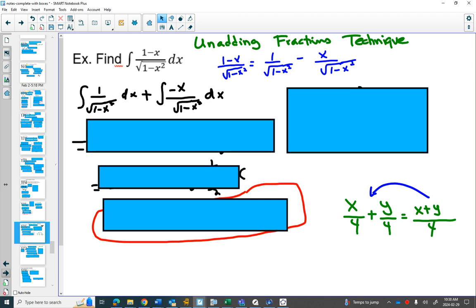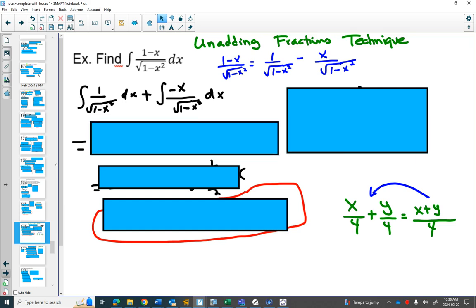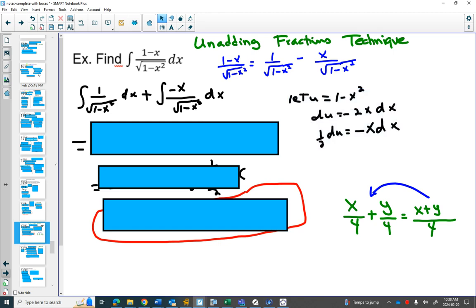The first one is so easy, I'm going to cheat and show us the answer already. The first one is going to be sine inverse of x. And I'm going to uncheat and hide it. The second one, you are going to need to use substitution. If you let u equal your inside function, then your derivative would be negative 2x dx, but we just have a negative x dx, so I'll move my half over.